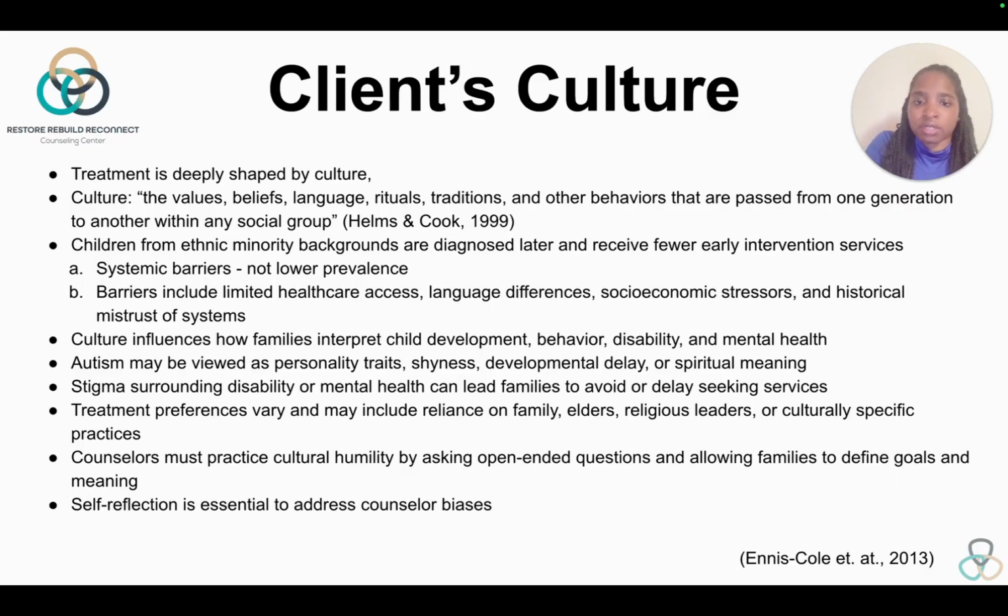But cultural factors also shape how families understand child development, behavior, disability, mental health, how a diagnosis is perceived, and how a family will pursue treatment for their child. So, for instance, some families believe that behaviors associated with autism are just more personality traits such as shyness or developmental delays rather than being signs of a condition such as autism.